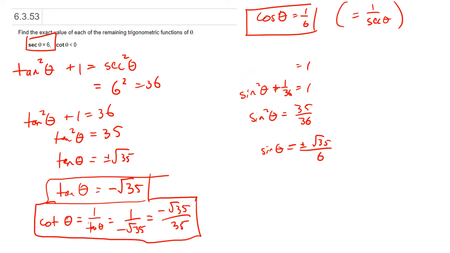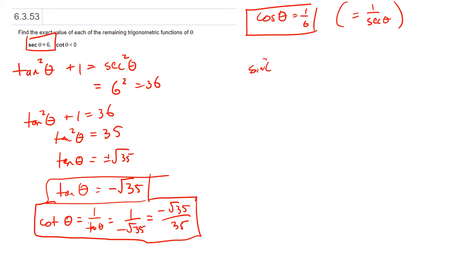Another thing we can do is derive another alternate Pythagorean identity. So from our standard Pythagorean identity of sine squared theta plus cos squared theta equals 1, when I divided by cos squared, we got this one on the left, tan squared theta plus 1 equals secant squared theta. But what if I divide everything by sine squared theta?